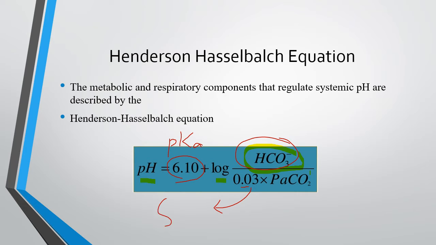This is the solubility of CO2 in the blood. Using this, we have this equation. This equation helps you calculate the pH in the blood. However, it's not practically possible to use this equation when you see an ABG because of the log value. You need a calculator.